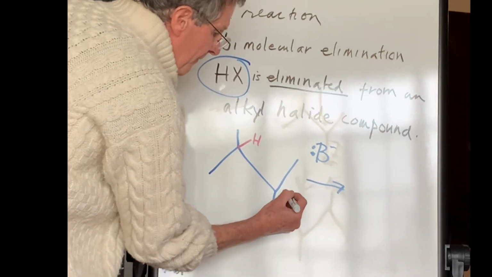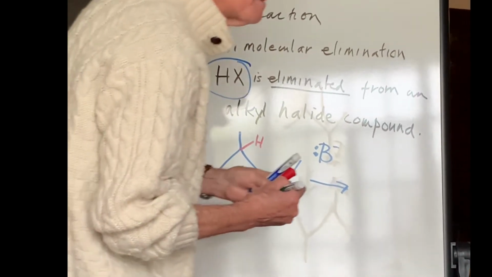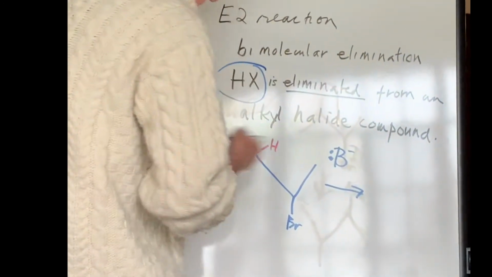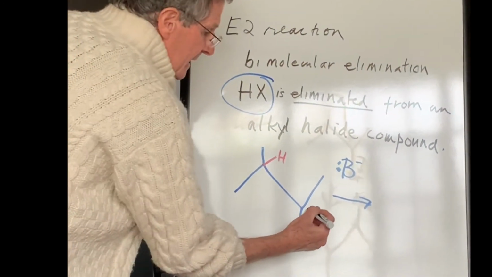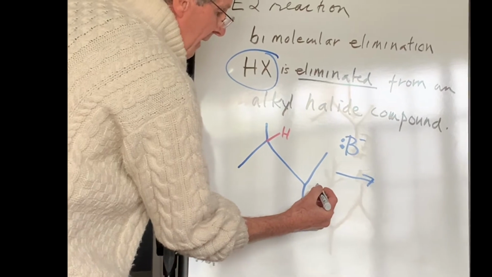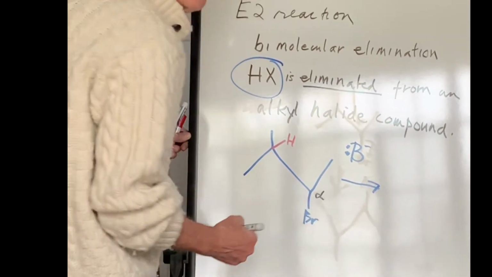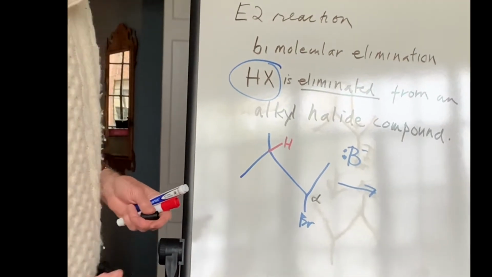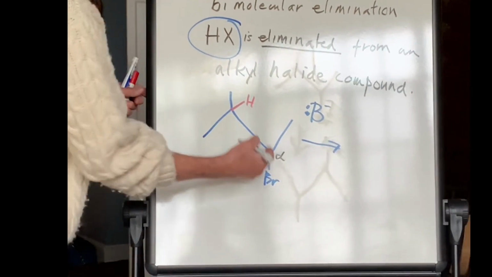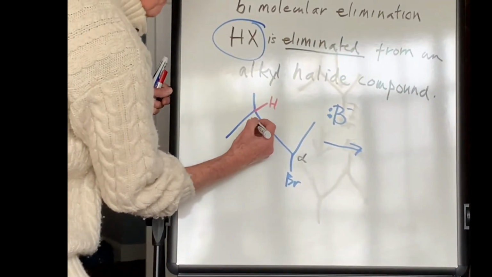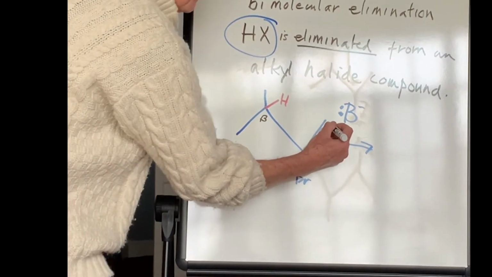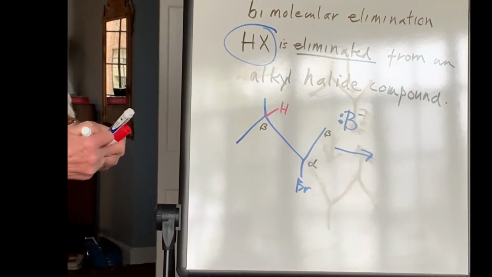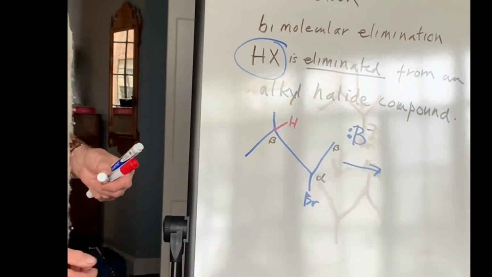For our purposes, if there is a halogenated carbon, we'll call that carbon an alpha carbon, just because it has a halogen on it, just because it stands out. And any carbon which itself is bonded to an alpha carbon will become a beta carbon. In this molecule, there are two beta carbons, two carbons bonded to the alpha carbon.